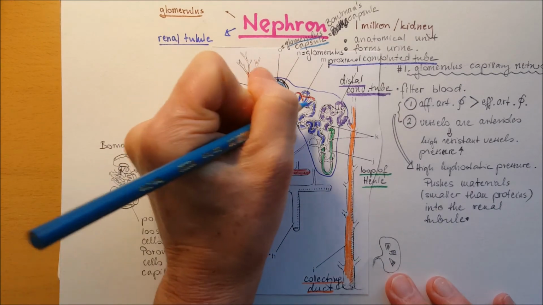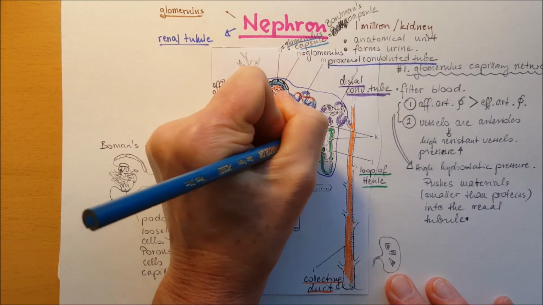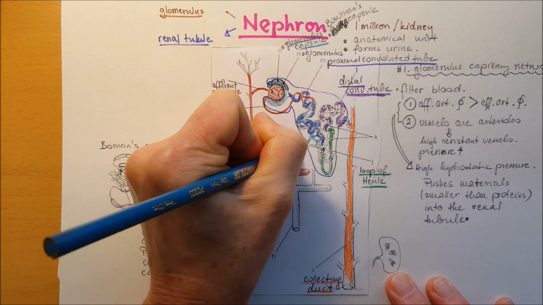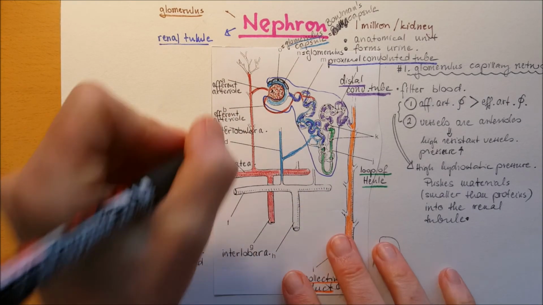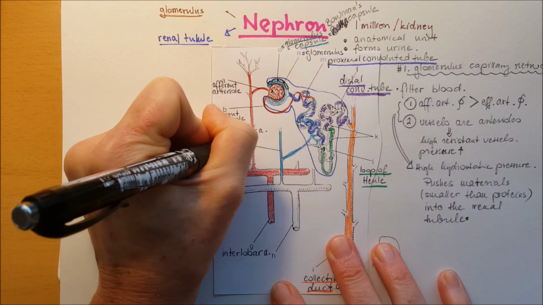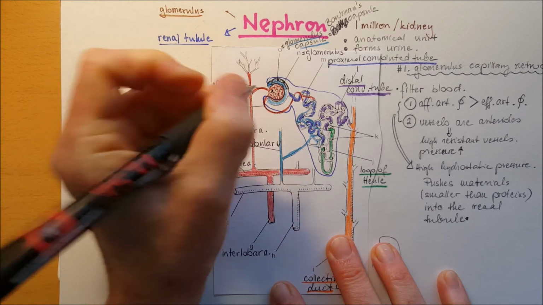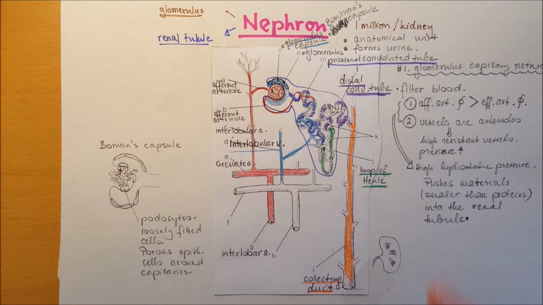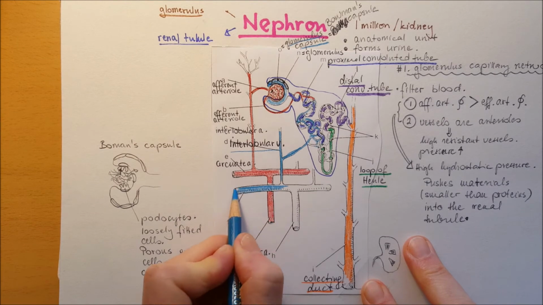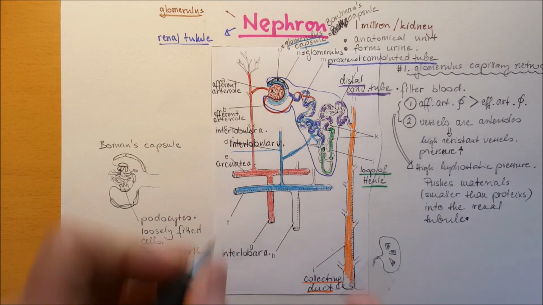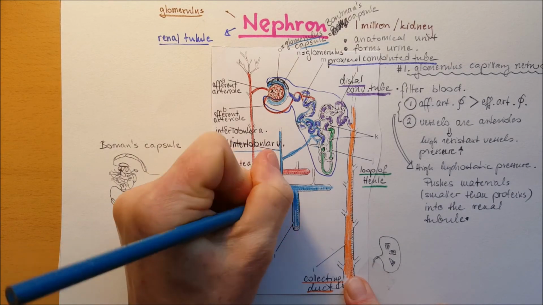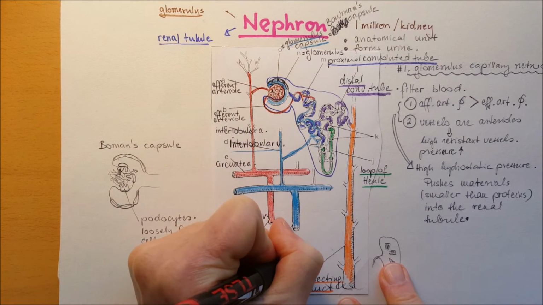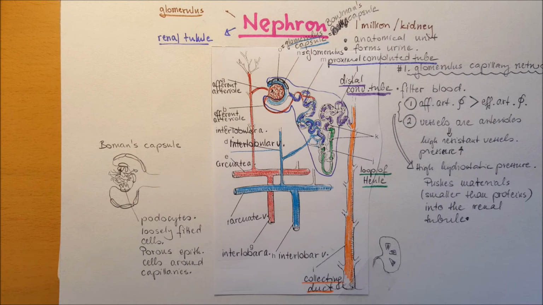So the efferent arterioles will go around the tubules and turn into venules, and they will be the interlobular venules. They collect into interlobular veins. The interlobulars move into the arcuate veins, and the arcuates move into the interlobar veins.